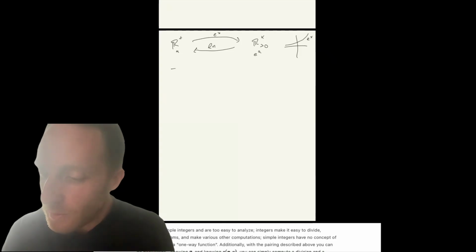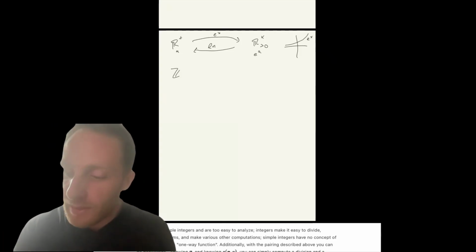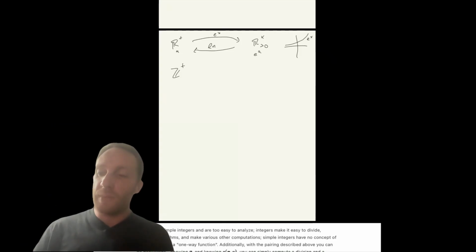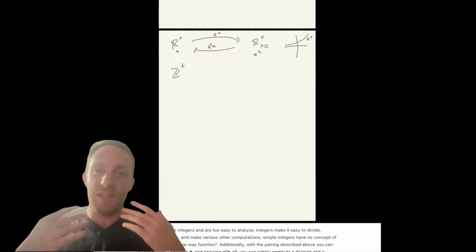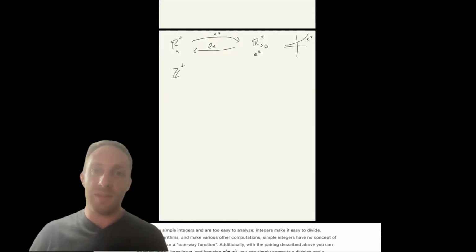So first of all, we have to do a two-step. I guess there are two mistakes with this. First, it's not a trapdoor function. Second, it's in R, and computers do not deal with the real numbers; they deal with discrete numbers.